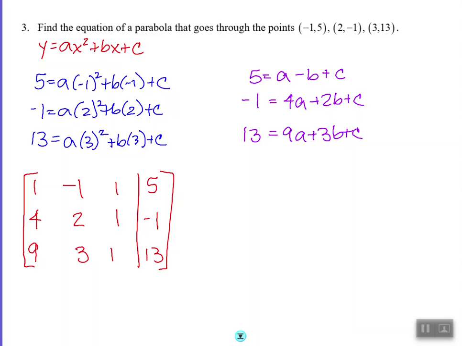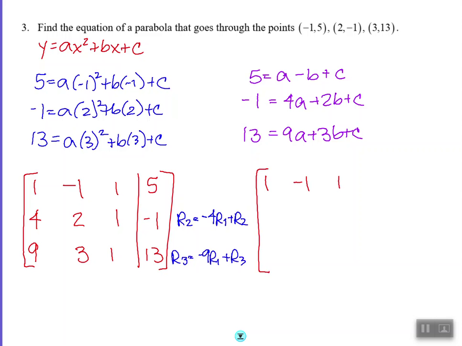The first thing I need is to have a 1 in the first row, first column, which I do. Now my next goal is to get zeros in the rest of column 1. So if I say row 2 is equal to -4 times row 1 plus row 2, and row 3 is equal to -9 times row 1 plus row 3, that should give me zeros in the rest of column 1.